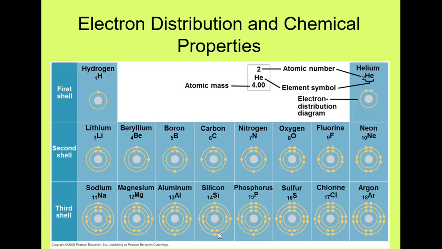So 4 will have to move out into a third shell. But that also means that silicon can make 4 bonds with 4 other atoms. So it's hypothesized that we may find at some point life that is silicon based. We haven't, as far as I'm aware at the moment, but it is hypothesized that it is theoretically possible.